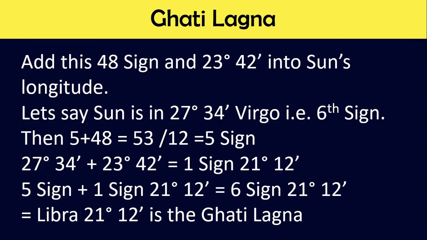Add this 48 signs and 23 degrees 42 minutes into the Sun's longitude and we get 6 signs 21 degrees 12 minutes. That means Libra 21 degrees 12 minutes is the Ghati Lagna.